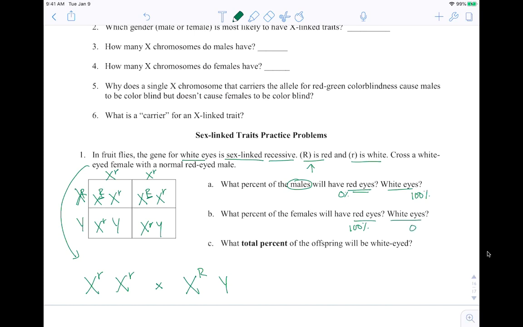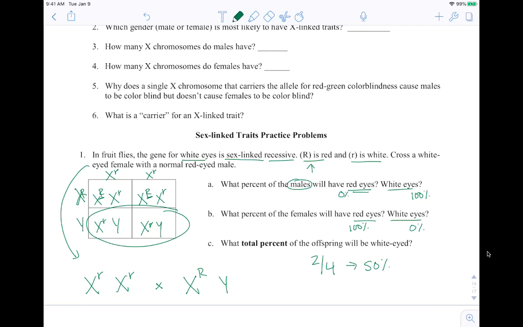White eyes has to be 0% if you already have 100. Okay. What total percent of the offspring will be white-eyed? So white eyes is recessive. So 2 out of 4 is going to be the white-eyed trait. So 2 out of 4 gives us 50% of the total percent of the offspring.